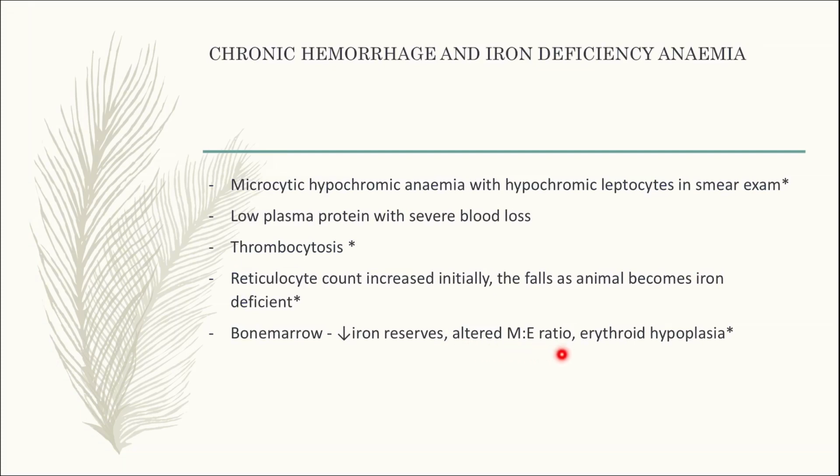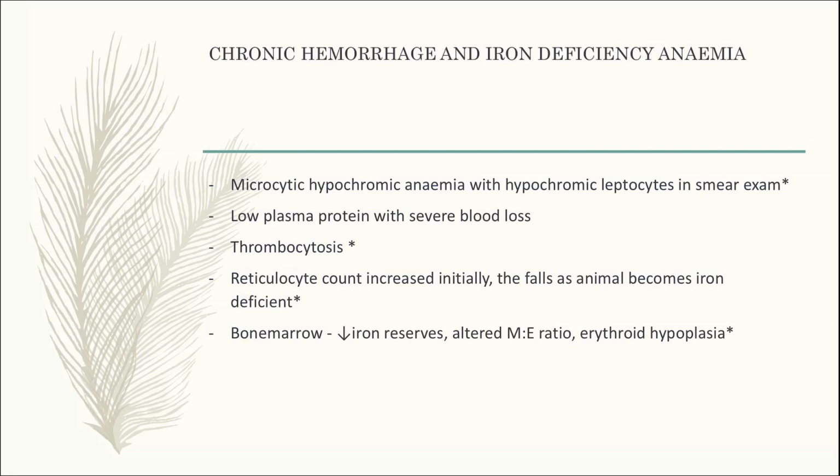Because normally in animals the myeloid erythroid ratio is somewhere between 1 to 2 or 2 to 3 is to 1, but when there is anemia of chronic hemorrhage or iron deficiency, there will not be effective erythropoiesis, because erythropoiesis is directly proportional to iron stores.